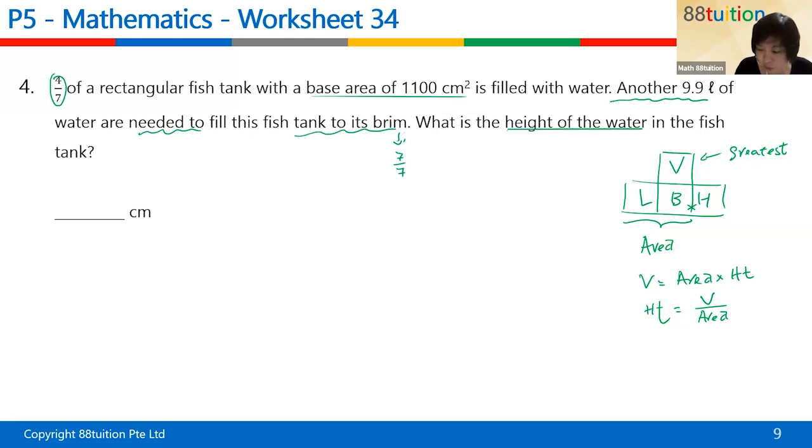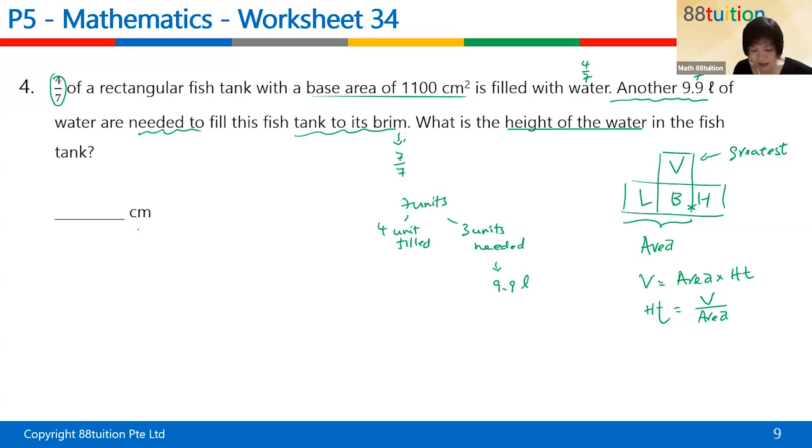And filled with water is 4/7. So when he needed another 9.9 liters, it is 3/7. So the total units must be 7 units. And 4 units is being filled up. So 3 units are needed to fill up to the brim. So these 3 units will actually give you 9.9 liters.